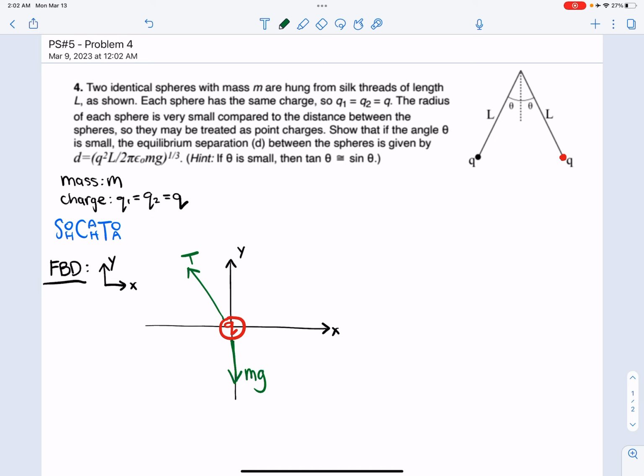I also have the electrostatic force going this way, which comes from the other charge Q towards my left, right? Because they have the same charge, it's going to repel me towards the right. So this is my electrostatic force.